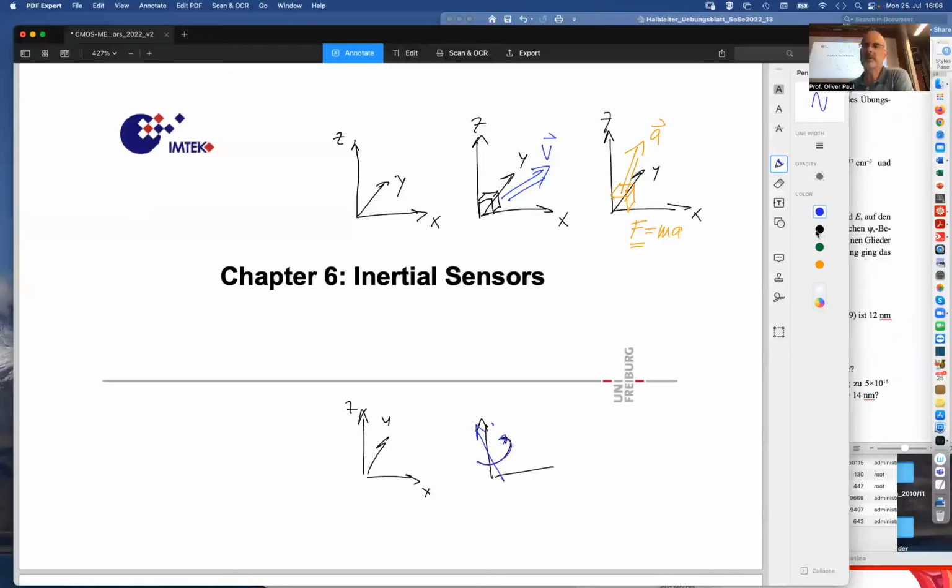So it's in a state of rotation around an axis. And this motion can be uniform. And unlike the velocity, where the motion is also uniform, this uniform rotational angular velocity can be detected.